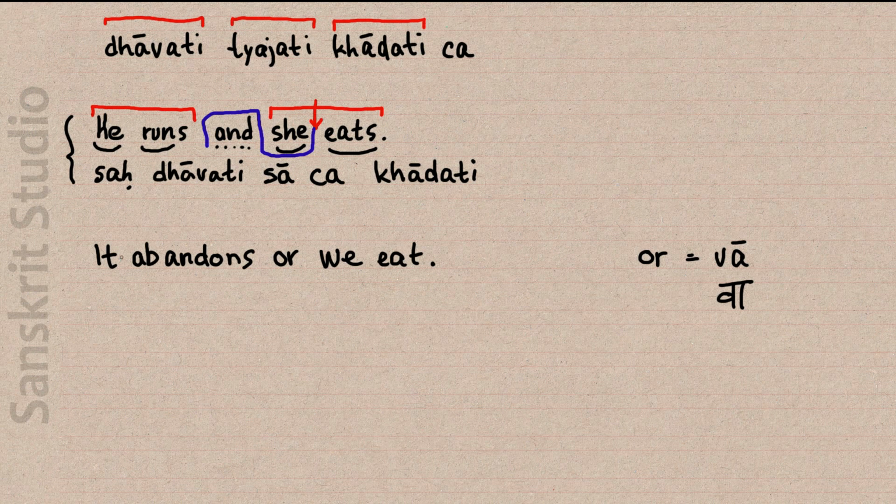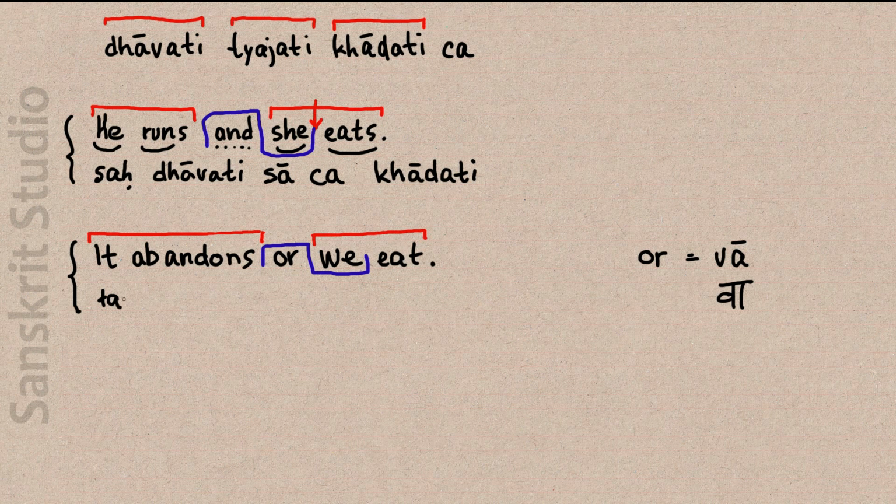And note here once again, I do not have any hyphens between "it" and "abandons," and not between "we" and "eat" either. So I'm expecting a noun and a verb, and another noun and another verb. So once again we have a phrase or clause here, and another phrase or clause here, and our method again is that we are flipping, just as with "and," we're flipping the "or" and the "we," so that we can get the right word order in Sanskrit.